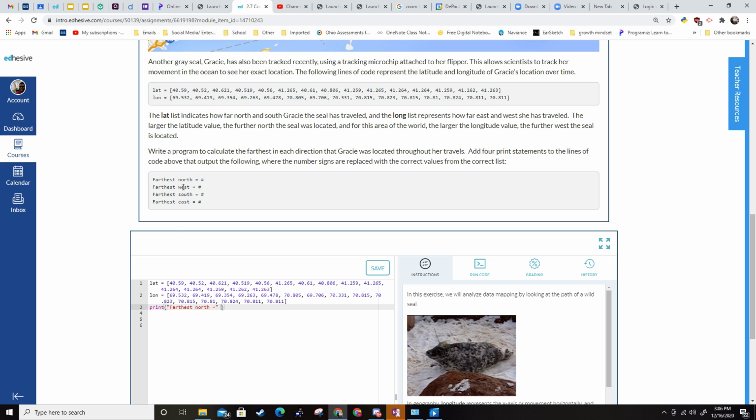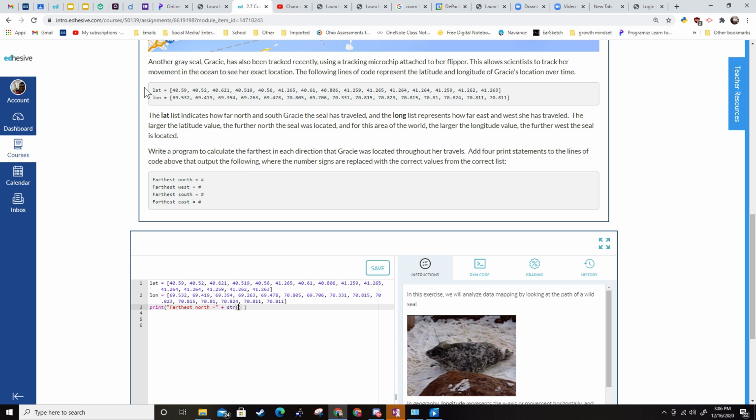You know that whenever we put out a print command with any physical word there, we have to actually use a string command. So we have to type out plus str. And now inside of the str, we are looking at one of these particular things. This first one, we're talking about north.